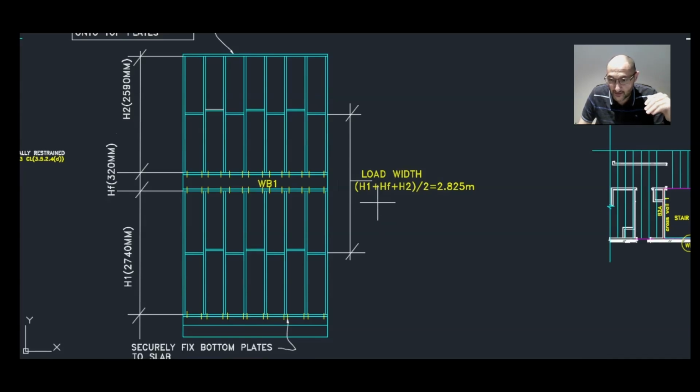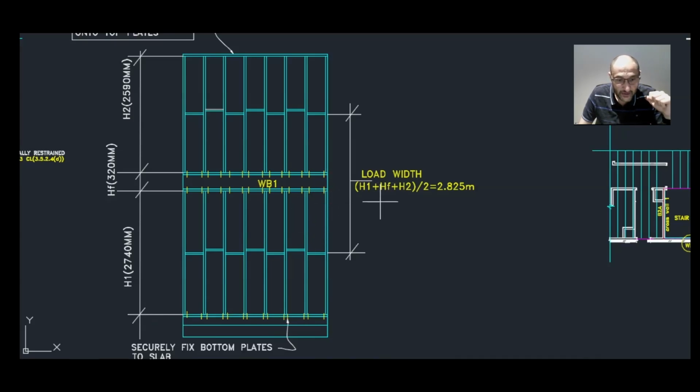The wind in this upper area here is basically taken by the roof, okay? And this lower portion is primarily distributed to this area here and the slab. So like I said, we must make sure that the bottom plates are also well fixed onto the slab.